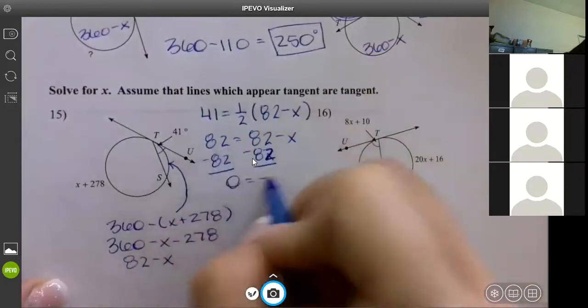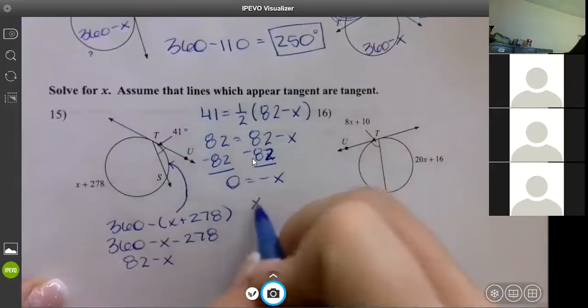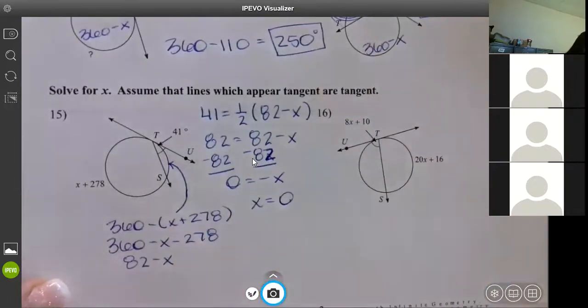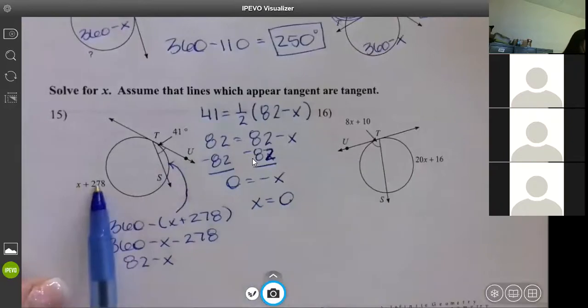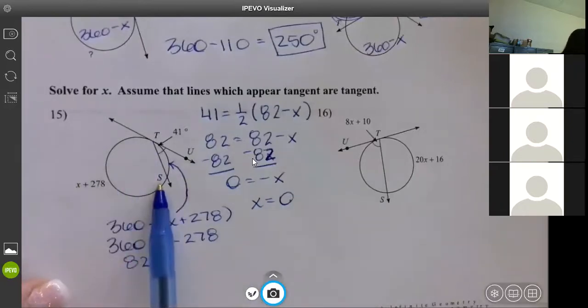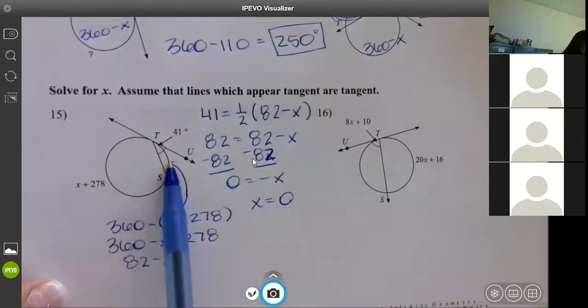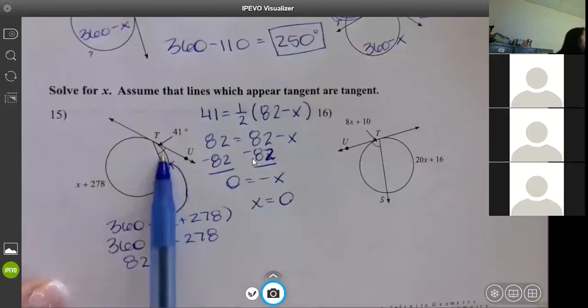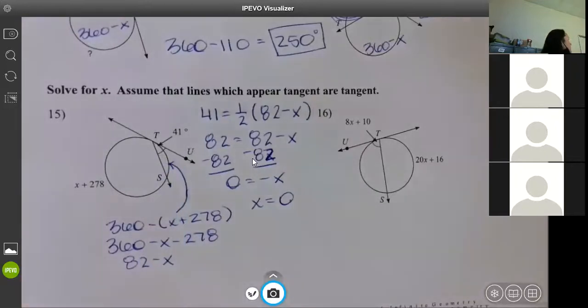I get 0 equals negative X. You can divide by -1, or just know that it's 0. Is it okay to get 0? Yes, because 0 plus 278 is 278, which is a valid measurement. Or down here, 82 minus 0 is 82, which is a valid measurement. So it doesn't matter if X is 0 or negative, as long as it makes good measurements on your circle. So don't stress out if you get 0 or a negative number.